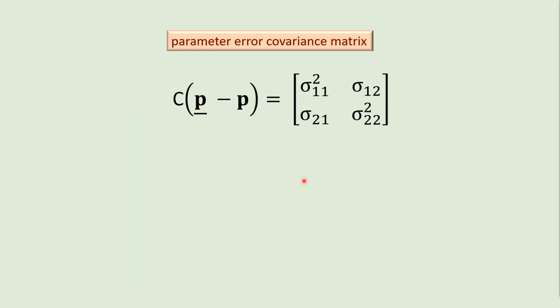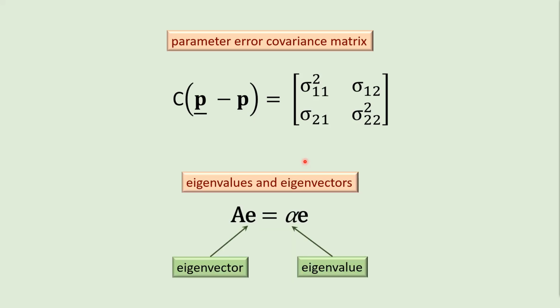Perhaps the best way to gauge the health of an inverse problem as far as non-uniqueness is concerned is to look at the eigenvalues and the eigenvectors of this covariance matrix. Now, this is not the place to talk too much about eigenvectors and eigenvalues. All I'll say at the moment is that eigenvectors and eigenvalues are the solutions to this matrix equation. They crop up everywhere in matrix analysis.